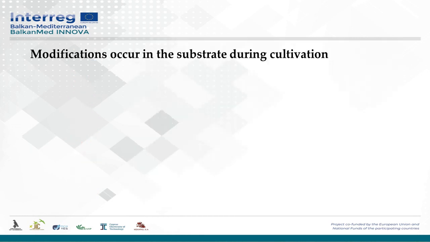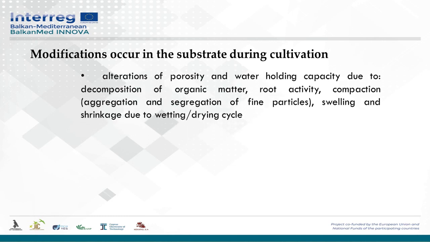Finally, in this lesson, we need to be aware of the fact that during the use, the substrate can be subject to several modifications which can alter their physical, chemical and biological properties, and usually deteriorate them, and finally make them impossible to further use for growing plants.